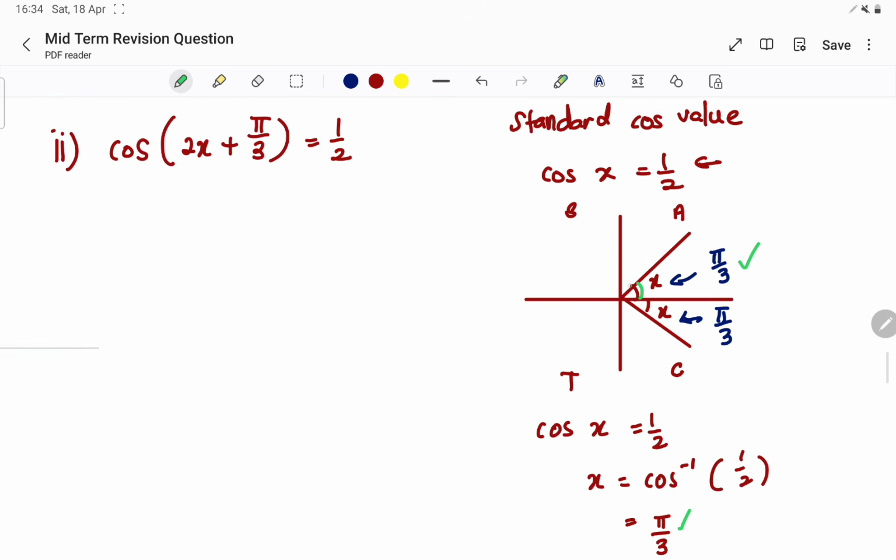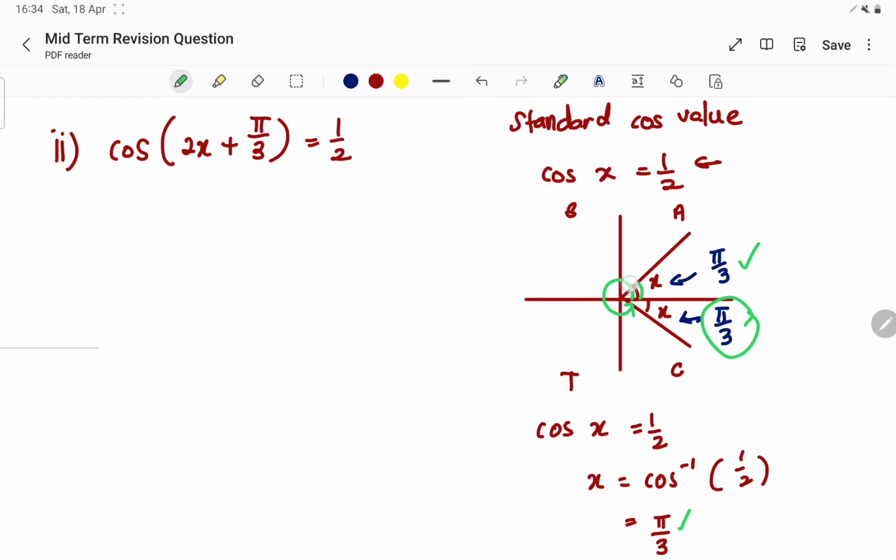Another one is starting from the x-axis until the last one here. Okay, so how to find this value? Because the angle that we have at this part is pi over 3, right?